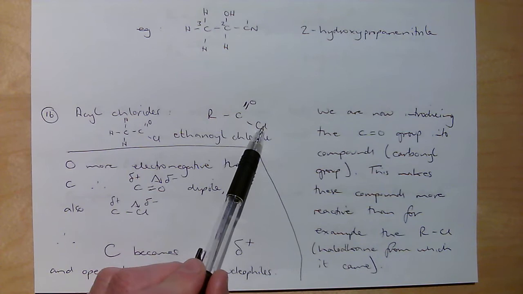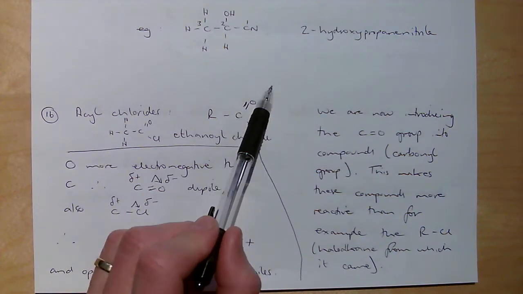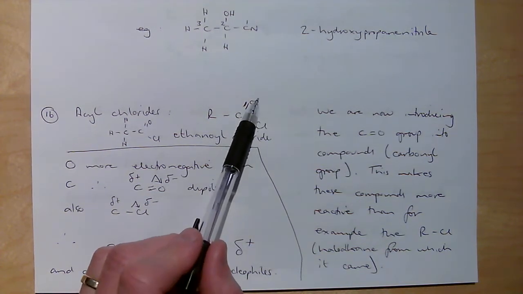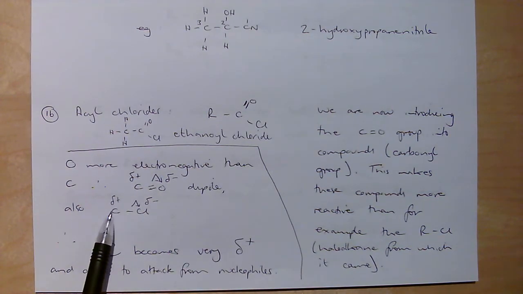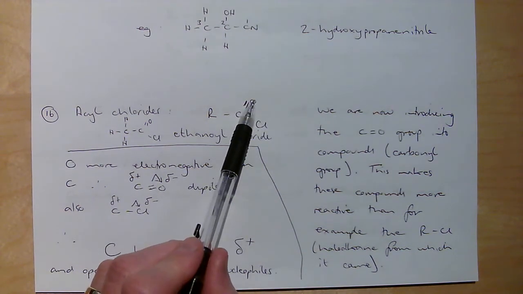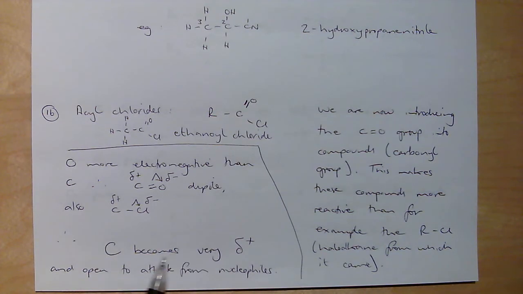So both of these two are making that carbon delta positive. It's a combined effect of both of these making that a bigger delta positive, so therefore it's more open to attack from nucleophiles. So C becomes very delta positive and is therefore open to attack from nucleophiles.